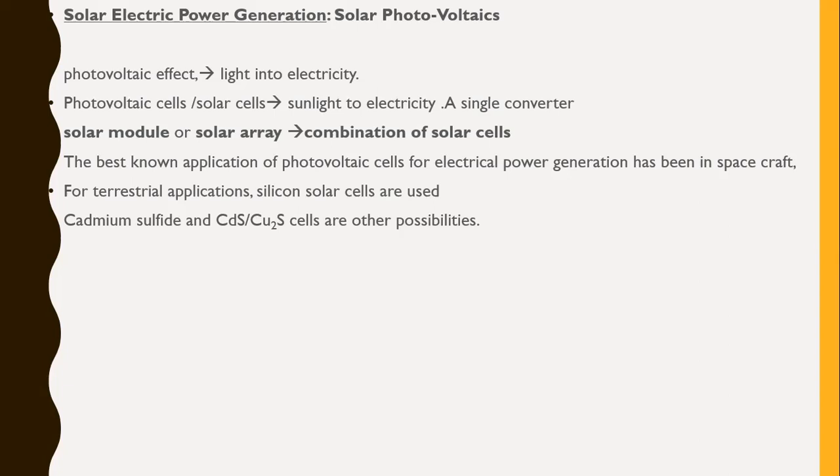Solar cells are not heat engines, so they do not operate at high temperatures. They are adapted to the weak energy flux of solar radiation, and they operate at room temperature only, which is approximately 32 degrees.